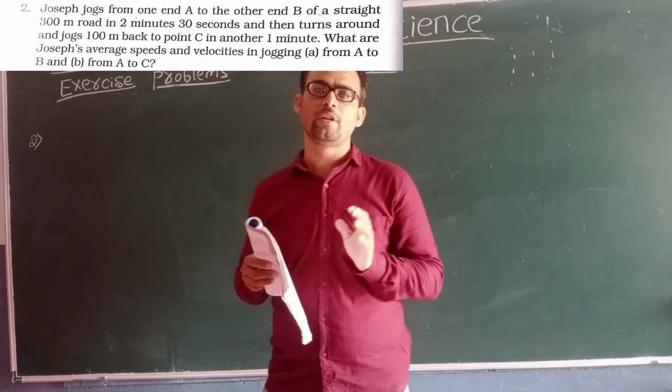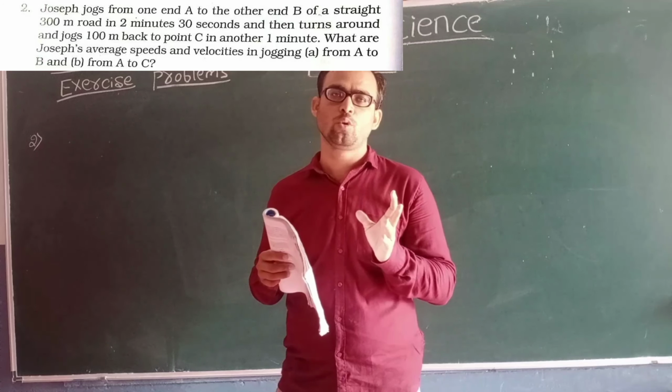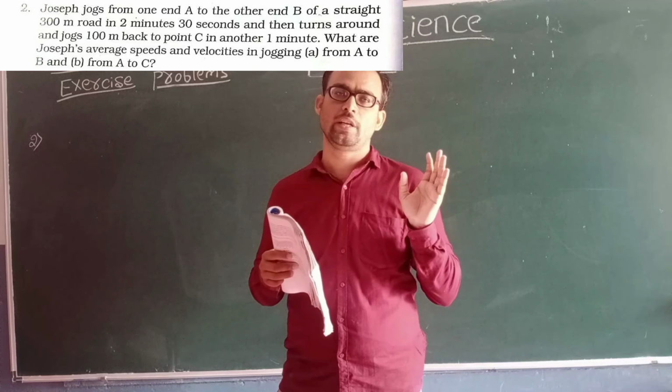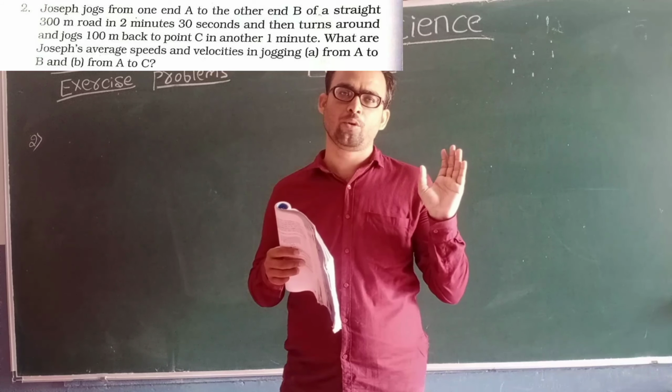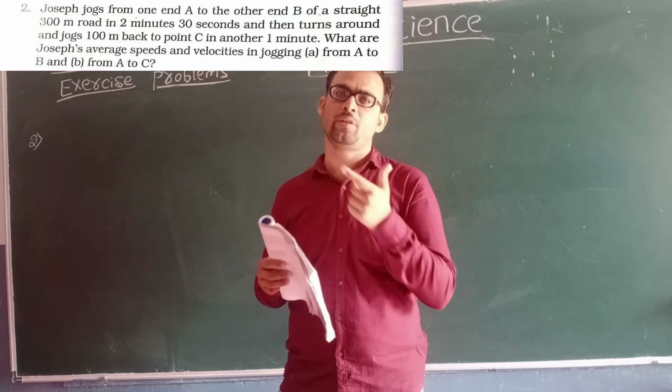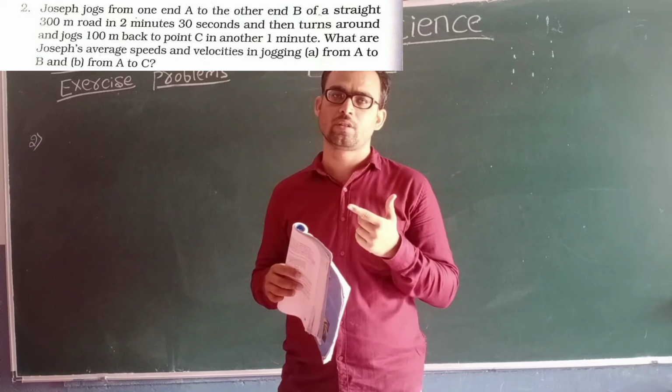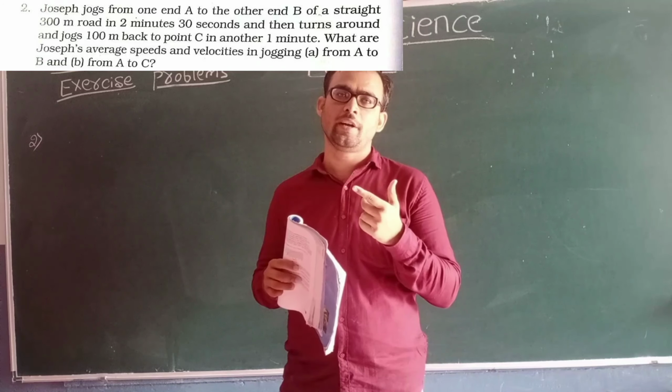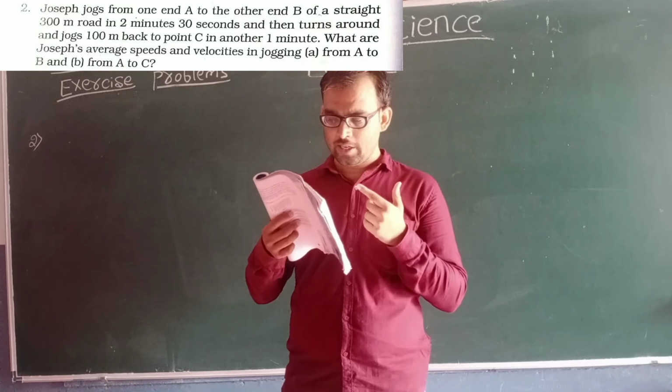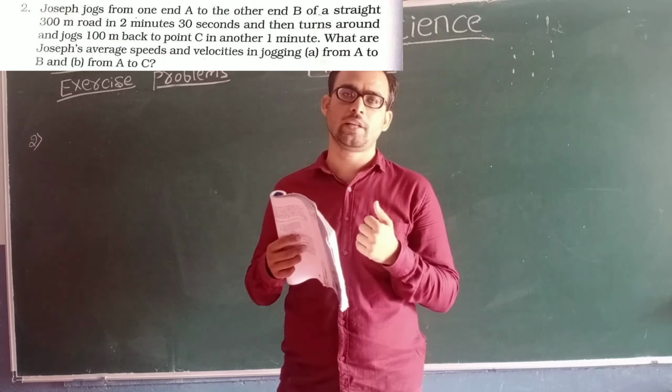So here there are 2 cases. First, he jogs from point A to B. The distance between these 2 points is 300 meters, and to cover it he has taken 2 minutes 30 seconds.